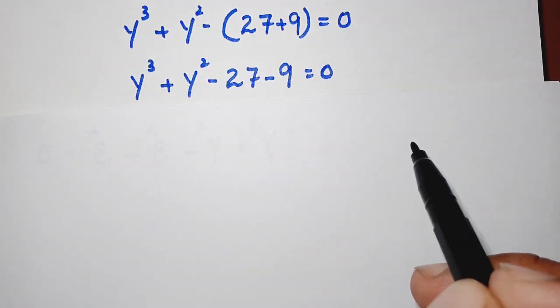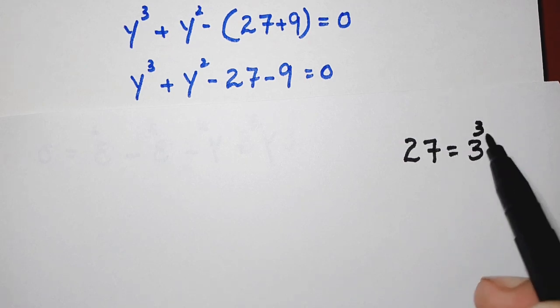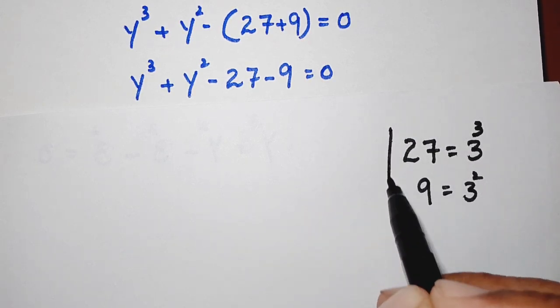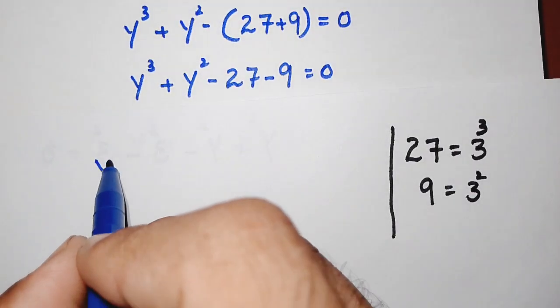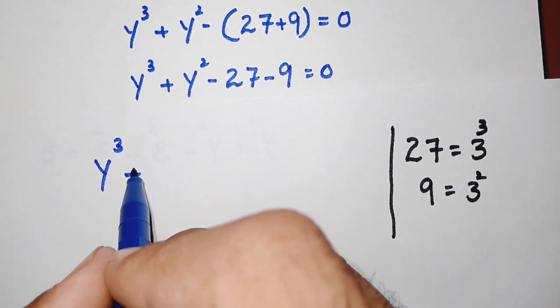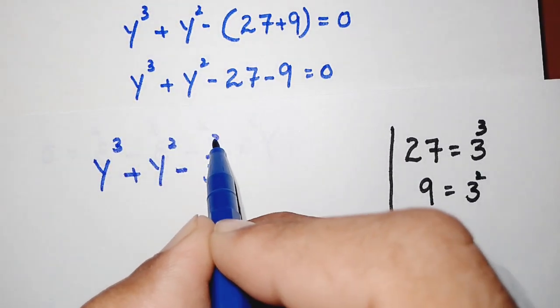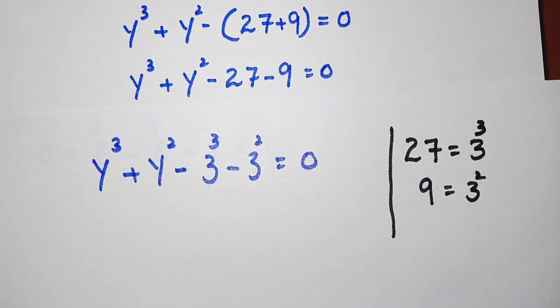Here this 27 is equal to 3 to the power of 3, and 9 is equal to 3 square. So we have to replace 27 by 3 to the power of 3 and 9 by 3 square. So this will become y to the power of 3 plus y square minus 3 to the power of 3 minus 3 square is equal to 0.